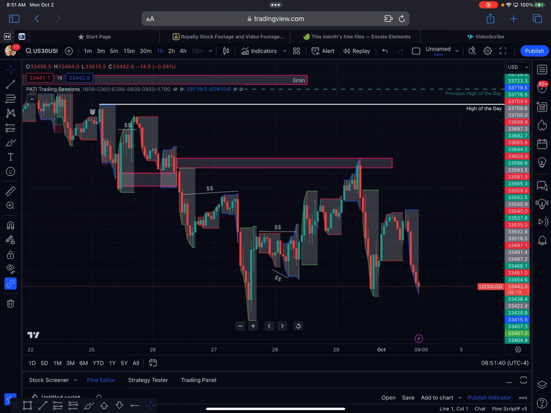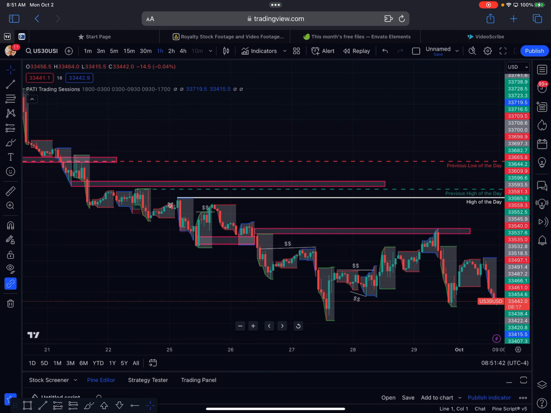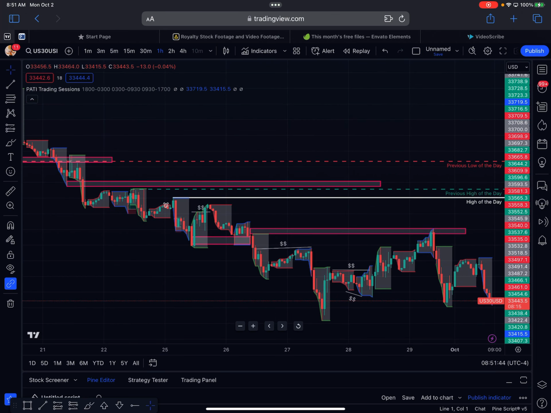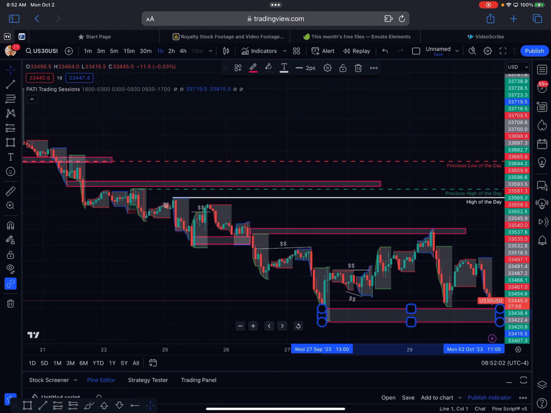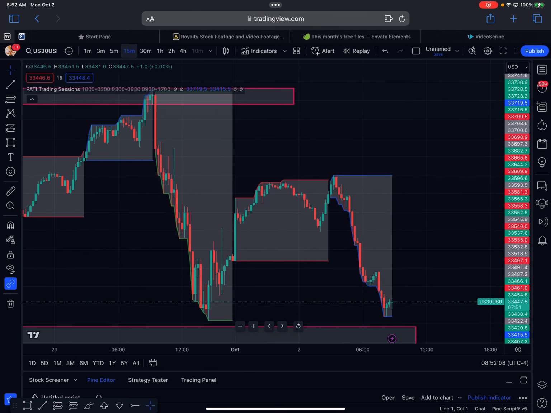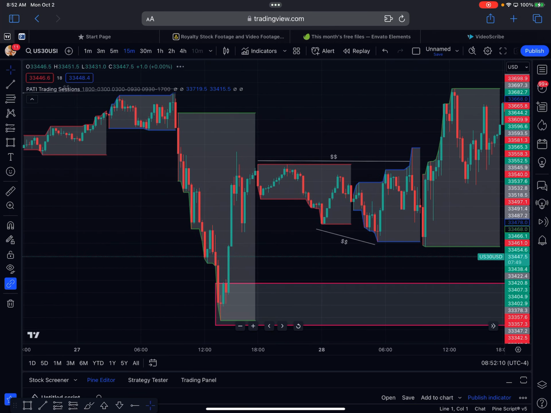Really waiting for New York session to open because it's Monday, but one thing that I do see right here, I do see price action doing this. All right, so now that we got that, I'm going down to the 15 minute to see if we can refine this a little bit better.